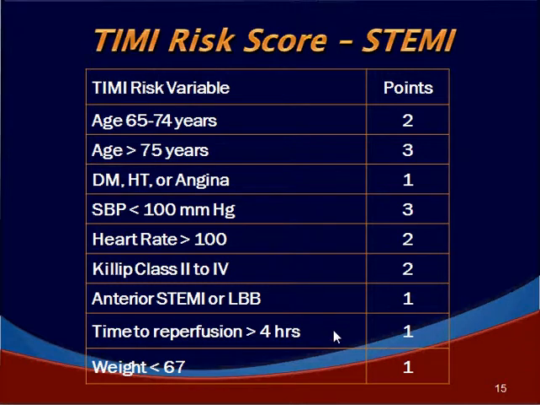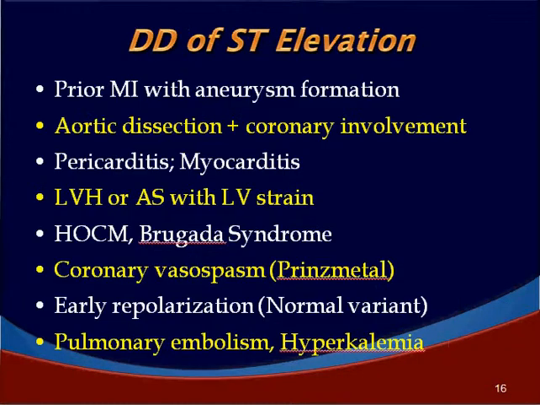Time to reperfusion: the patient had pain, and when he came to us for reperfusion, if the time between the onset of pain and reperfusion exceeds 4 hours, then give 1 point. Anything less than 4 hours, 0 points. If the weight is less than 67 kg, again give 1 point. So all these points are added to work out a TIMI risk score. How that is interpreted, we will see in the subsequent slides.